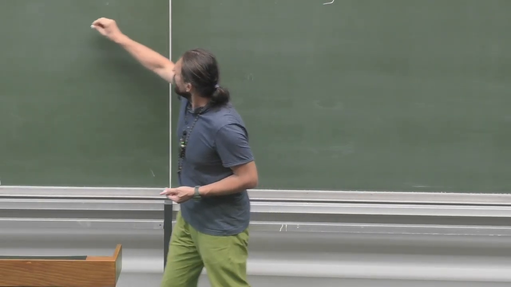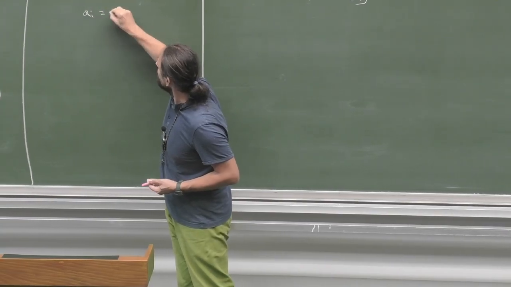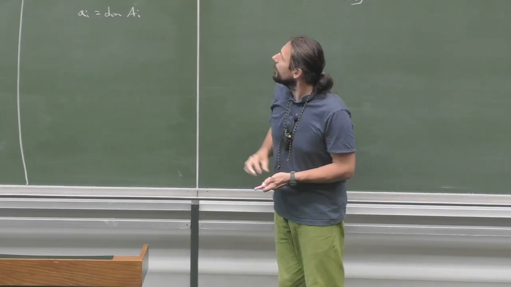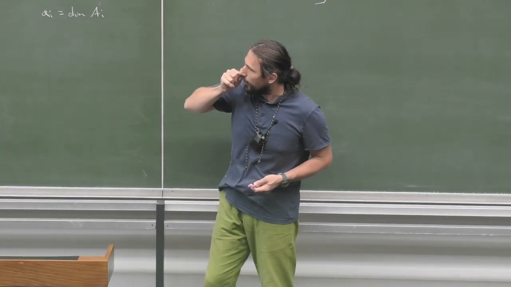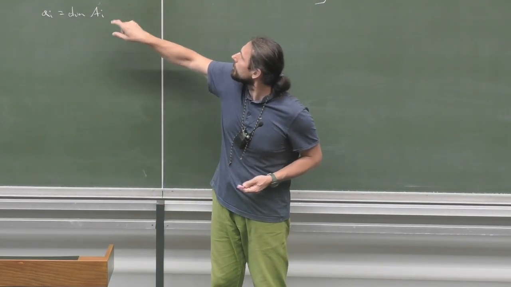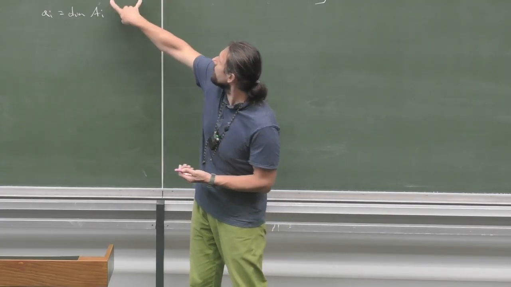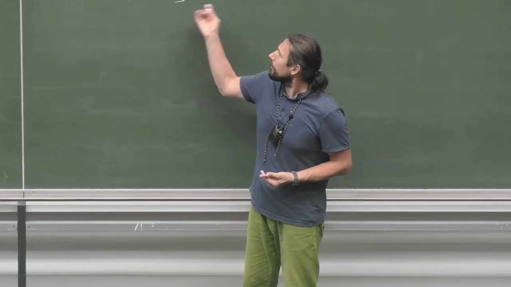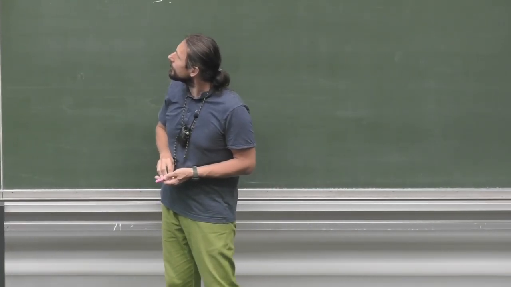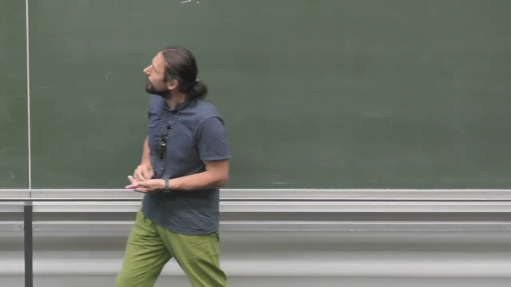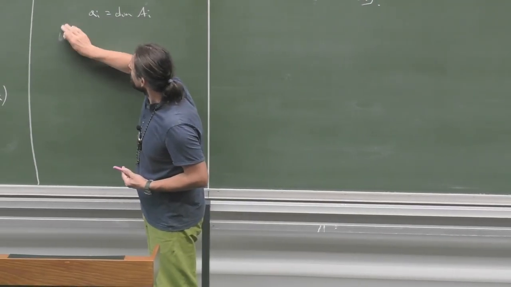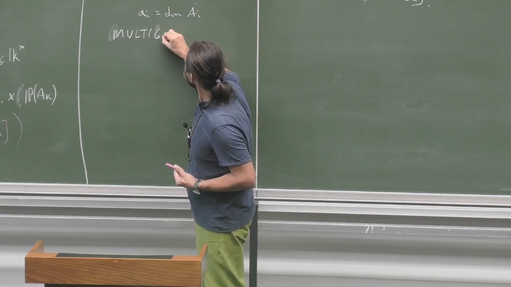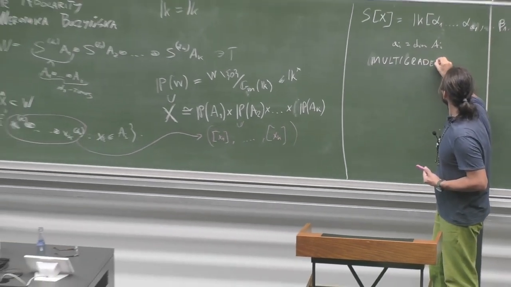The lowercase a_i is just the dimension of the vector space A_i. So for each vector space that I have, I get that many variables, and each of them also has some grading. So it's a multi-graded coordinate ring. What does it mean?